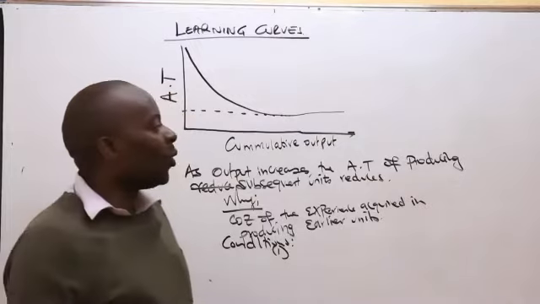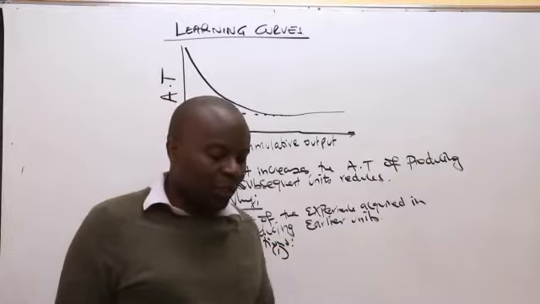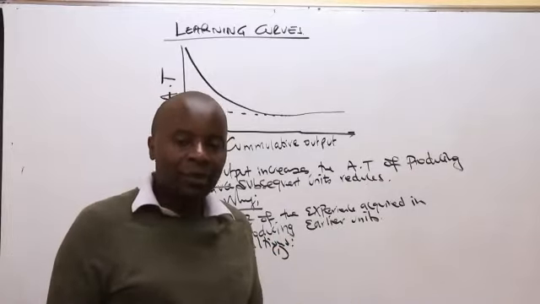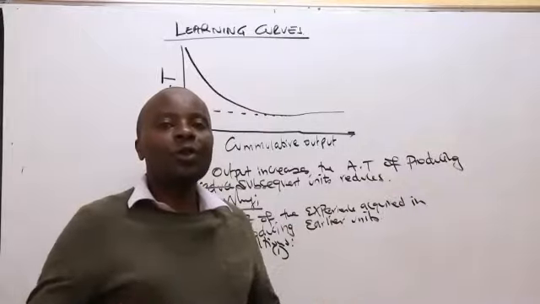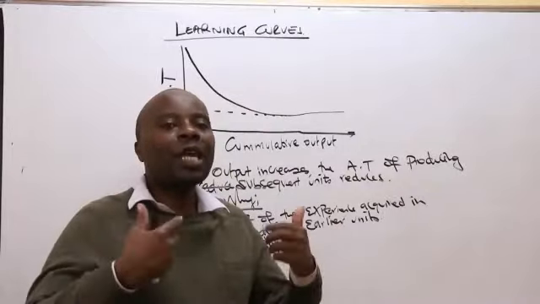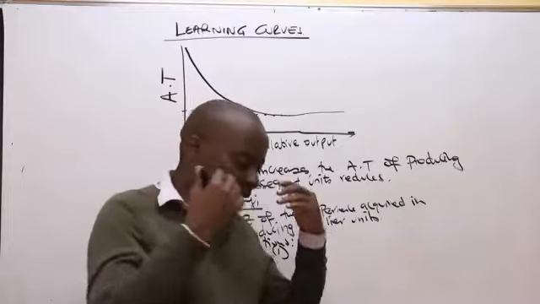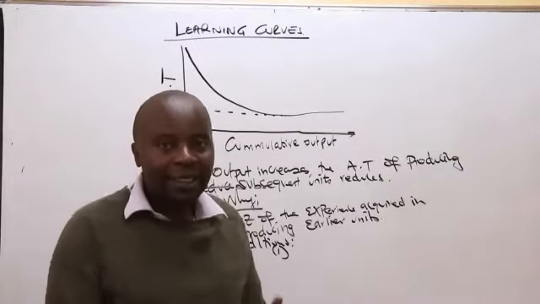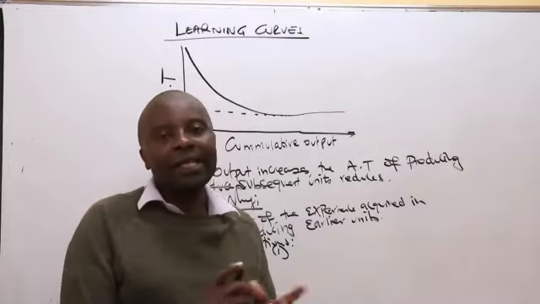If, for example, you're looking at someone who manufactures this kind of a particular type of table, then all through you'll be producing the same type of tables. Otherwise, if you make a table, and the second item happens to be a chair, then there will really be no learning taking place.